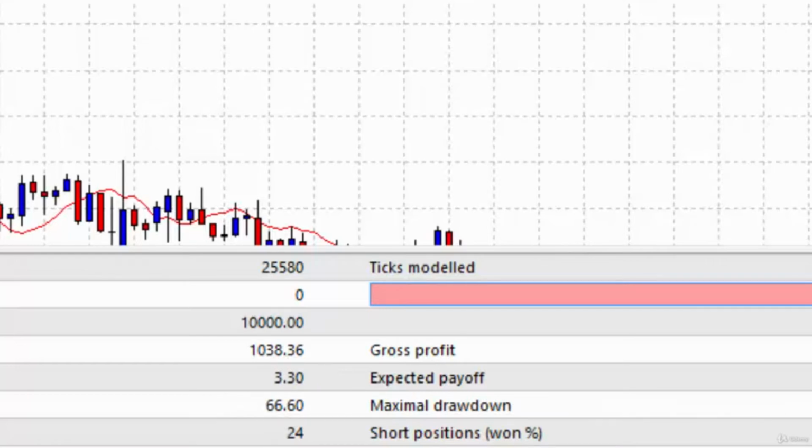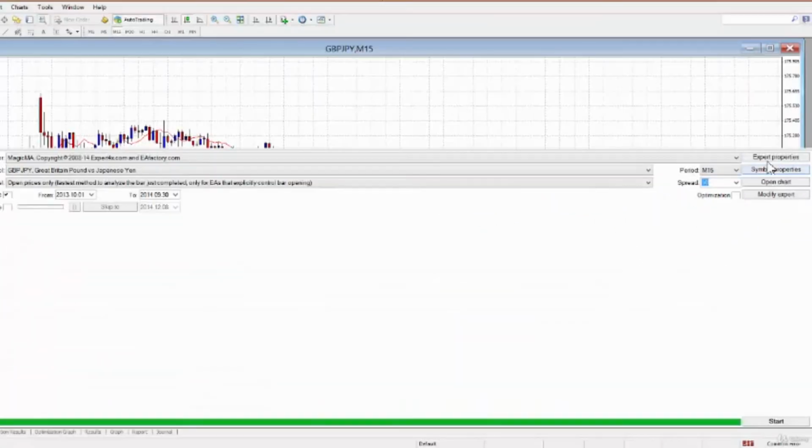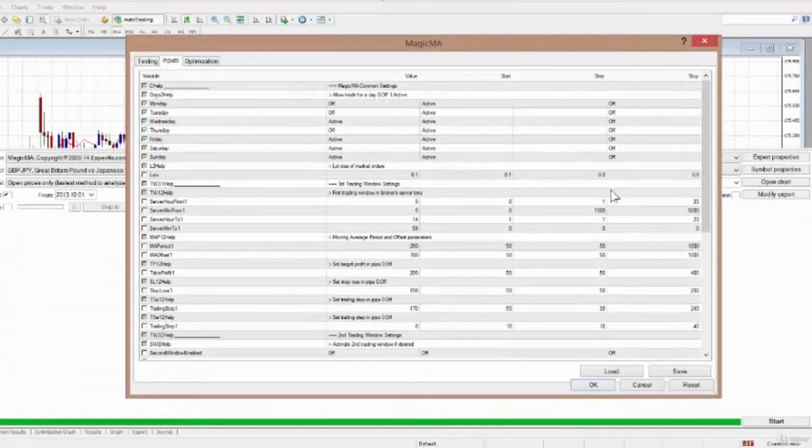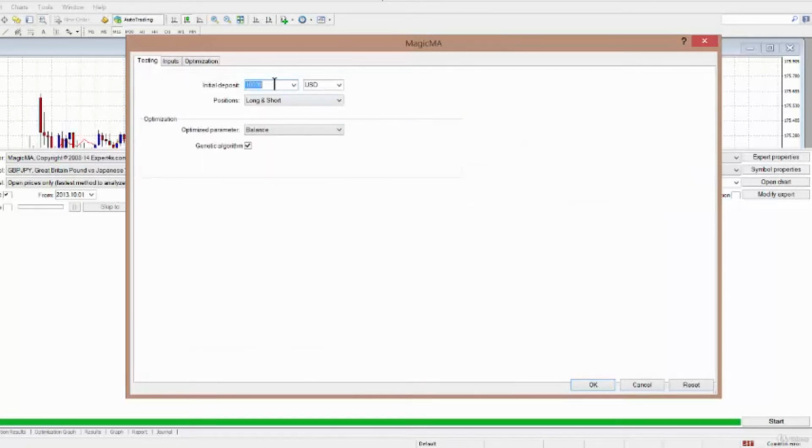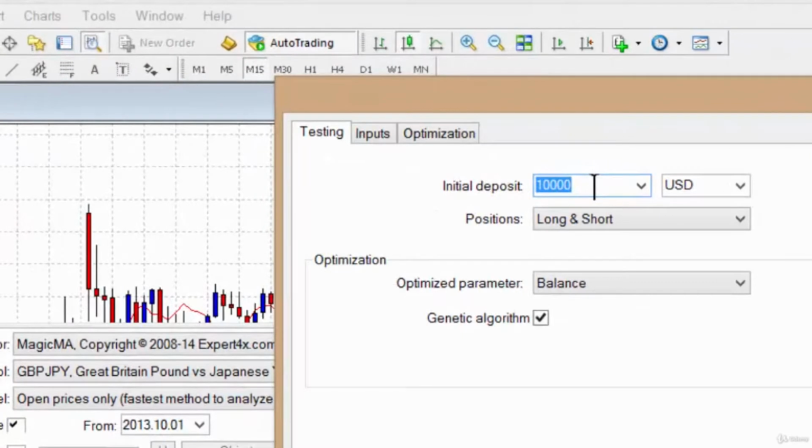So what we're going to do now is go back into the settings and ask, how much money do we need to make that income? What we've been doing up to now is just using a rough $10,000 capital. But now we know the income, but we don't know how much money we're going to need to make that income.